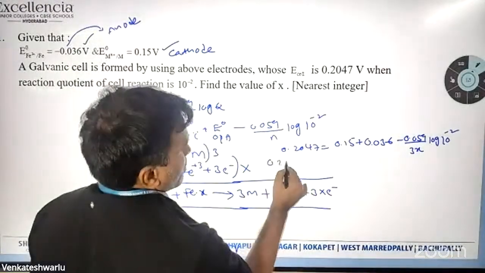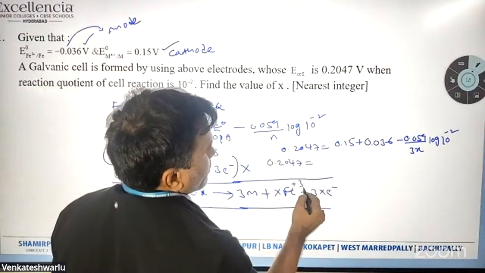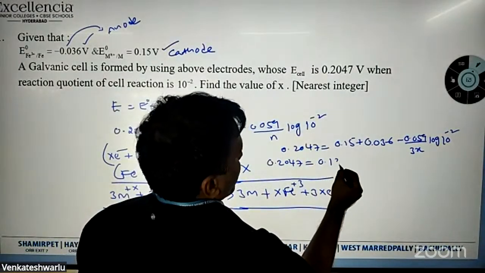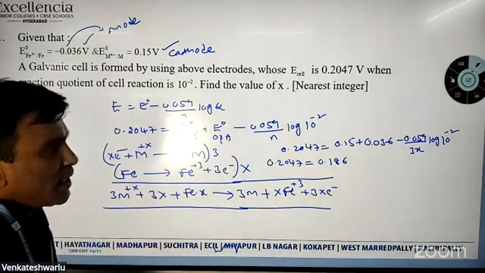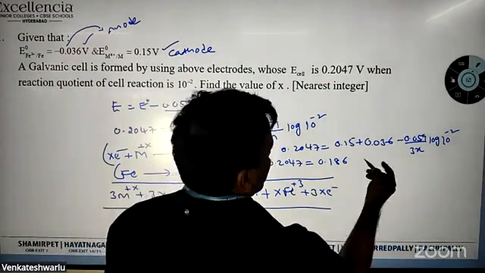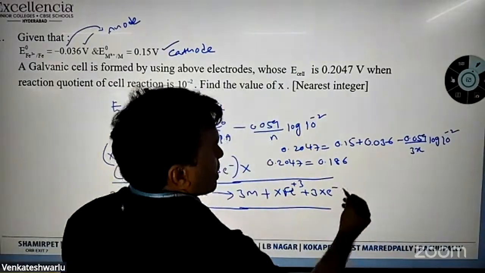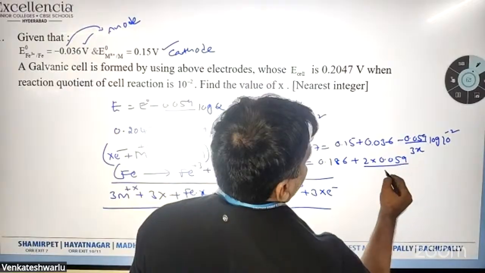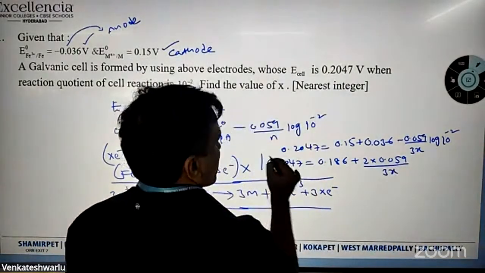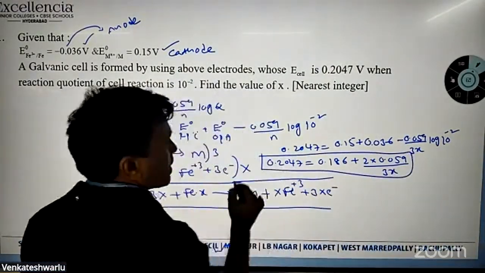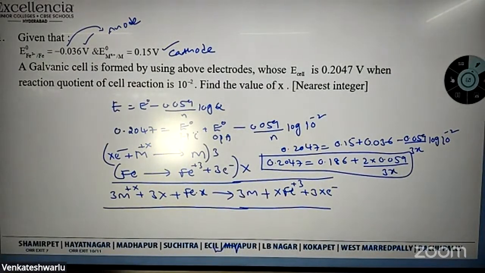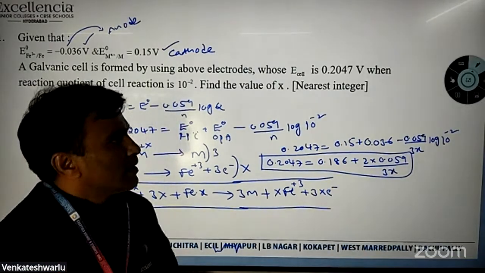Then 0.2047 becomes 0.186 plus 0.0595 by 3X, since log 10 power minus 2 is minus 2, and minus into minus is plus. So by simplifying this, we can calculate X. We need to find the value of X, and it should be the nearest integer. I hope you understood, right?